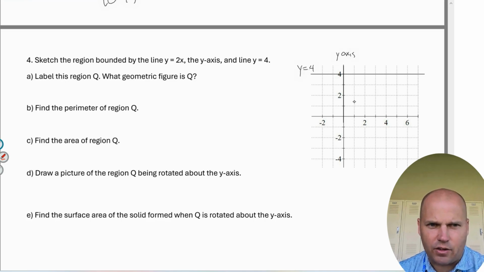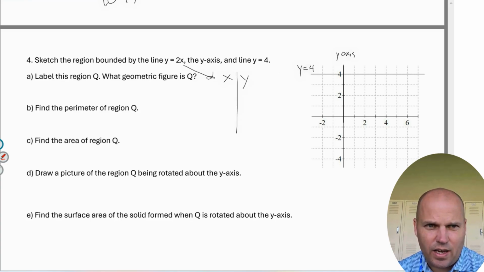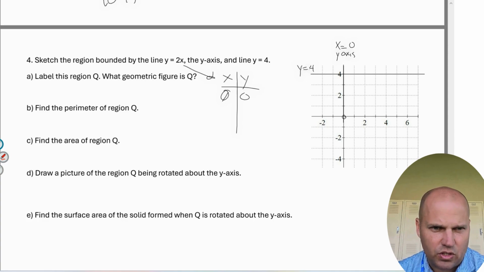If you don't know how to create the region, that's something you can work on. Well, the y-axis is when x is 0. So what are the points on this line that we'll need? We'll need the intersections. If x is 0, y is 0, you have the point 0, 0. If y is 4, x is 2.